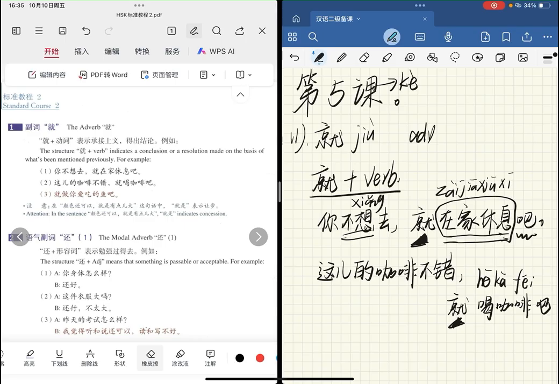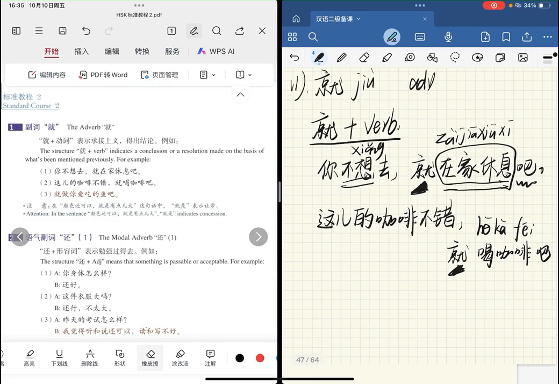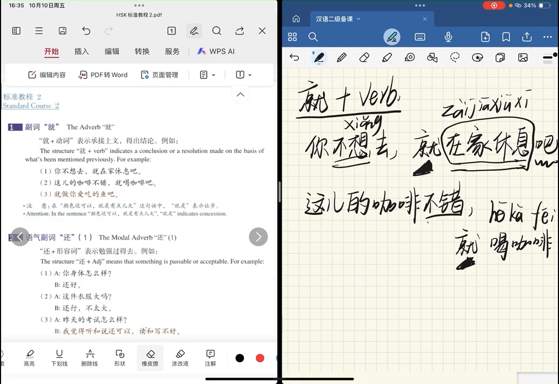Then we can say 就喝咖啡吧。这儿的咖啡不错，就喝咖啡吧。So the premise is that we know that coffee here is good, so we decide to drink coffee. 不错, it's pretty good.